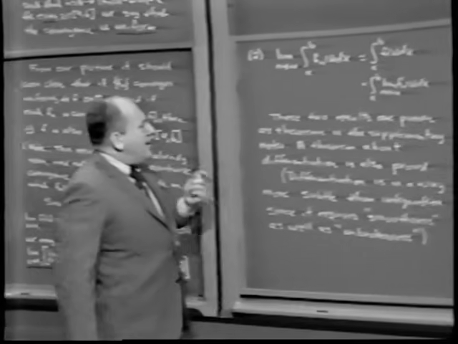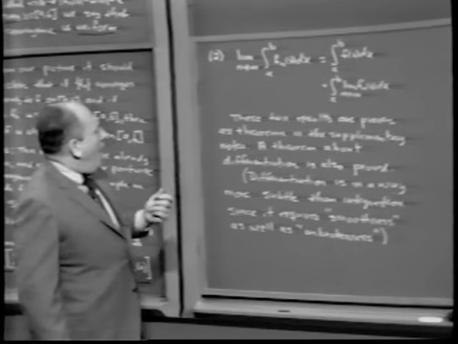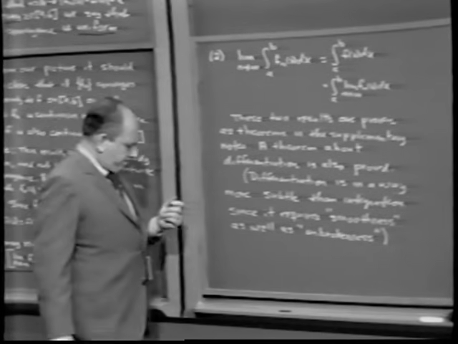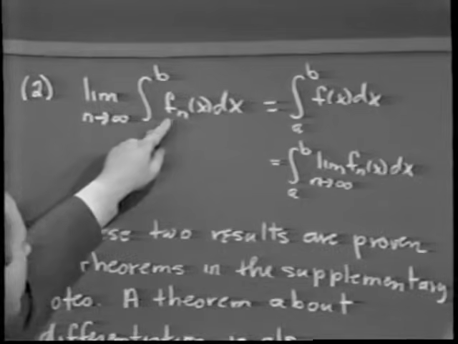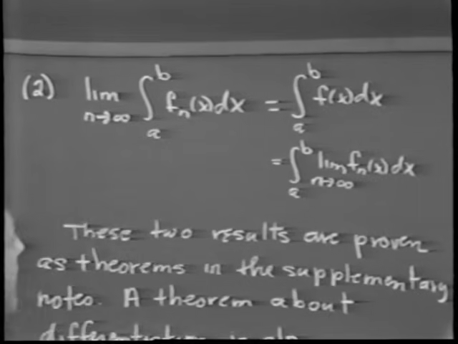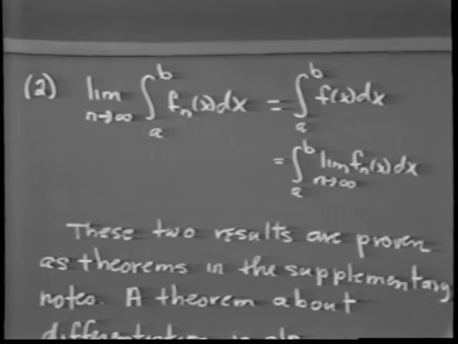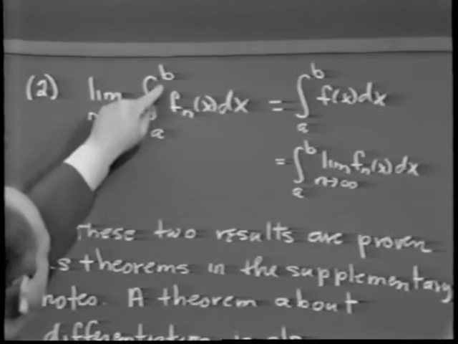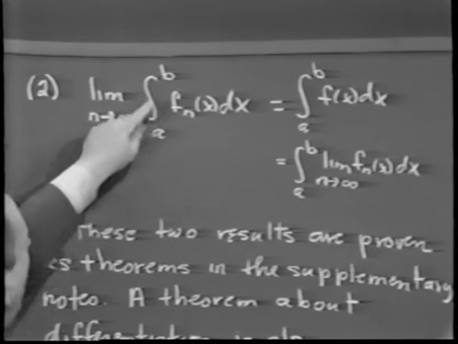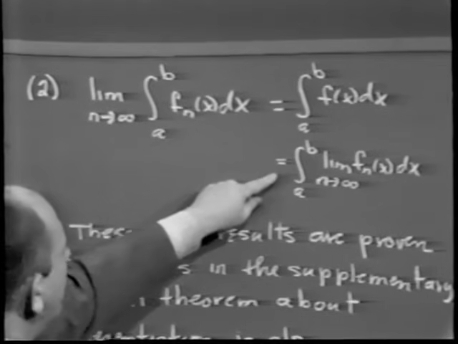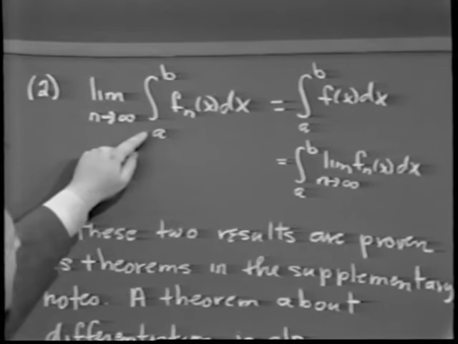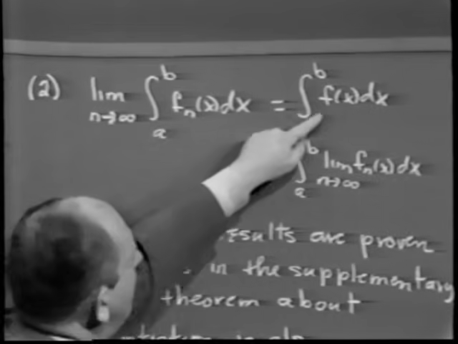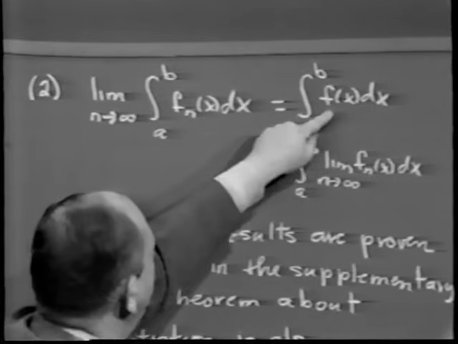Let me tell you another interesting property of uniform convergence. Suppose the sequence f sub n of x converges uniformly to f of x on AB. The interesting point is that you can reverse the order of integration and taking the limit in this case. Suppose you want to compute the integral of the limit function from a to b.